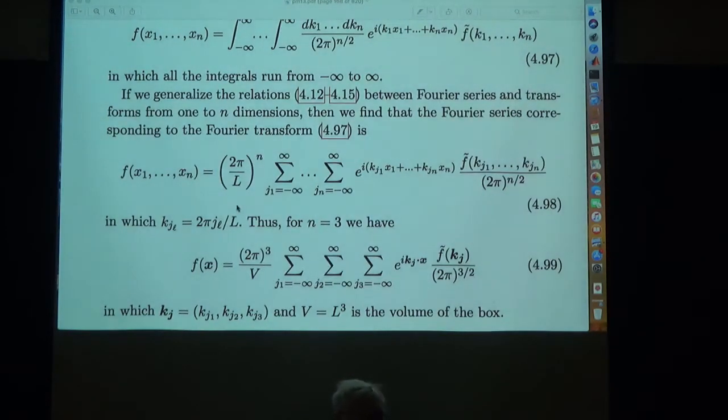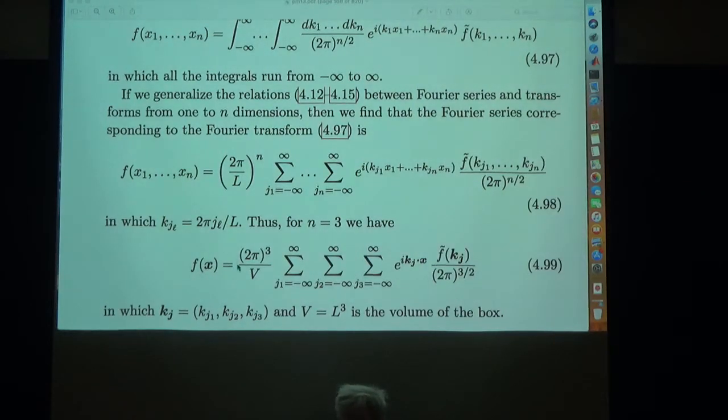Well, I derived for you in the early sections of this chapter the relation between the Fourier series variable and the Fourier transform variable. If you generalize that to n dimensions, then the function can be written as a Fourier series in terms of the Fourier transform variables evaluated this way. So you do the Fourier series and you divide by this and you multiply by that, and the kj's have discrete values, and that gives you the function represented as a Fourier series in terms of the Fourier transform, if you know the Fourier transform.